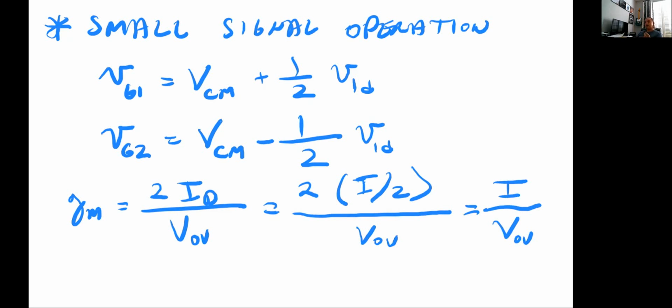And then I can start looking at my output voltages. So let's look at the output voltages now that we have the small signal currents. Remember that is the GM times VGS. So I can say that for transistor 1, my output voltage, the one that is developed across the load at the drain, is minus GM.